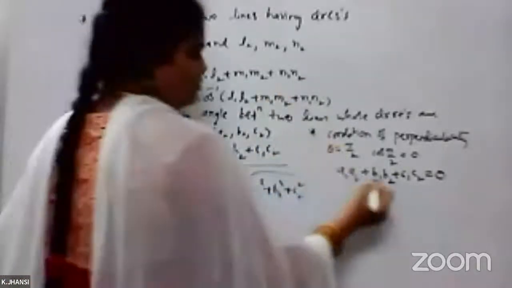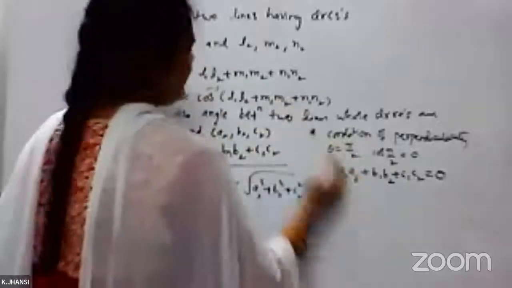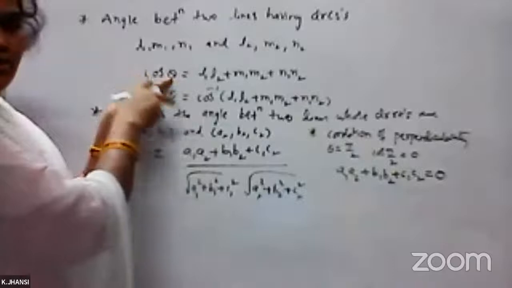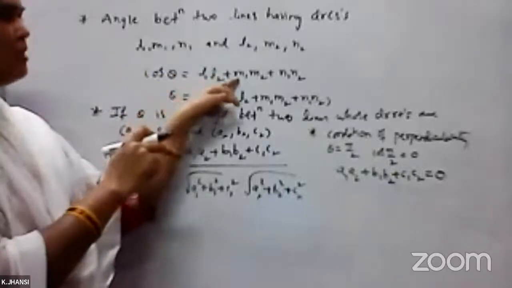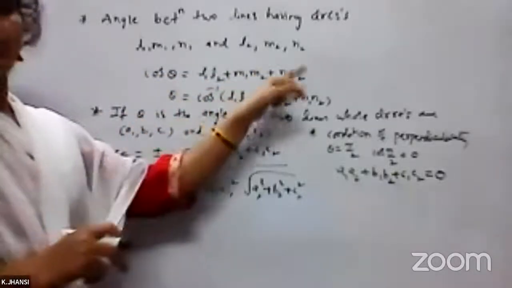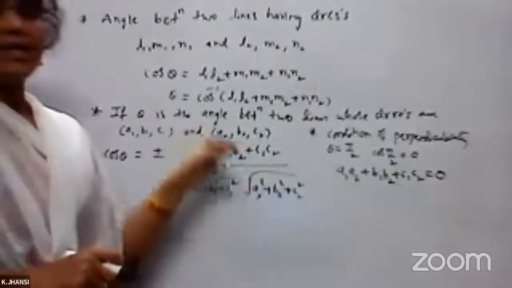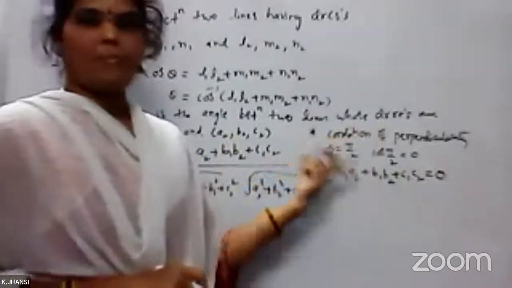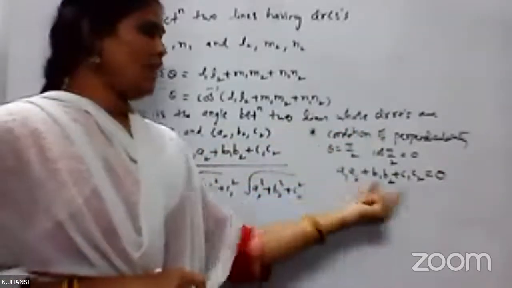For direction cosines, it is also cos pi by 2, and cos pi by 2 means the value is 0. So L1 into L2 plus M1 into M2 plus N1 into N2 equals 0. That is the condition of perpendicularity. Whenever two lines are given and you are asked whether they are perpendicular to each other, you can find that with the help of this formula.